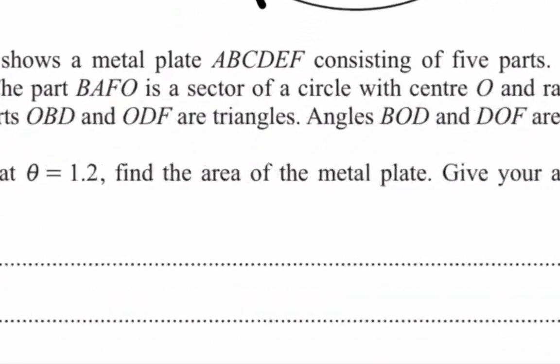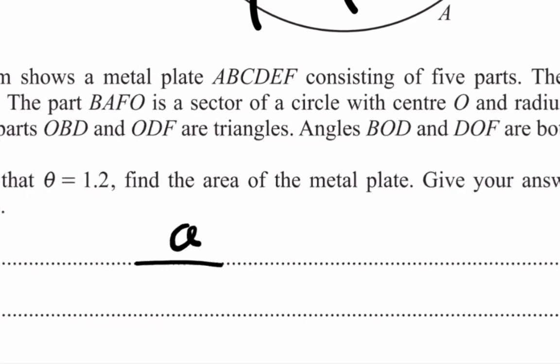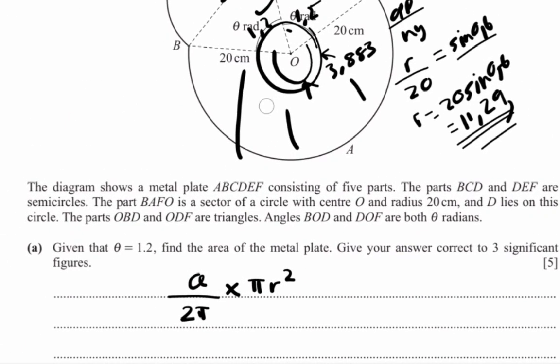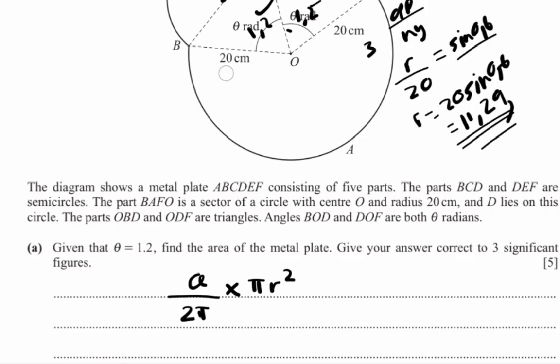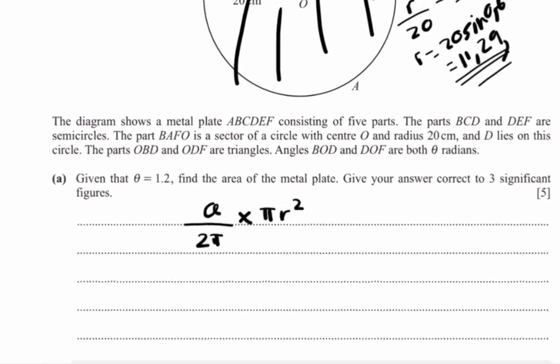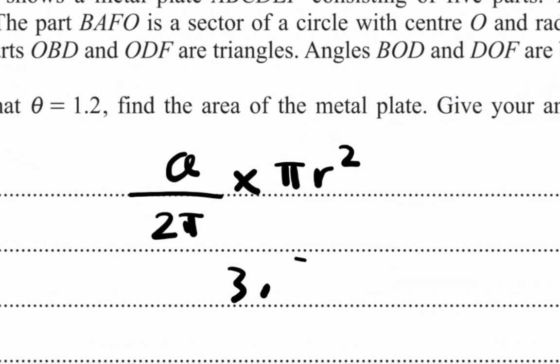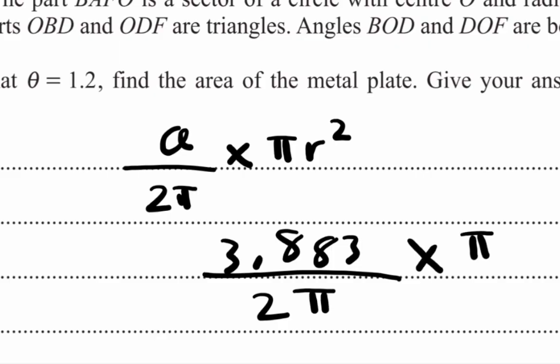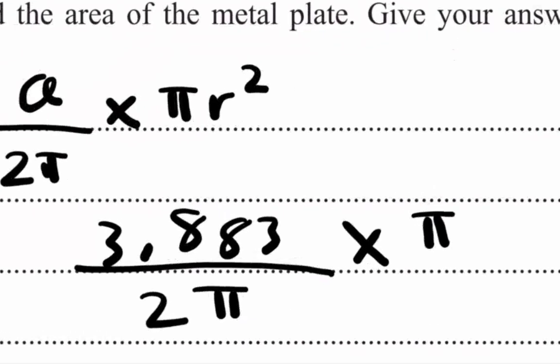So for the area of that, we're going to use theta over 2 pi times pi r squared to get the area of this region. So our theta, 3.883 over 2 pi, times our pi r squared.